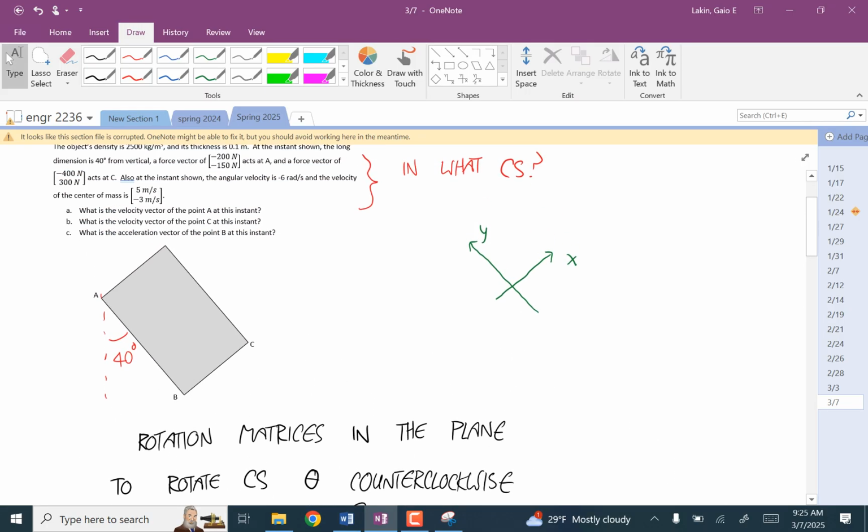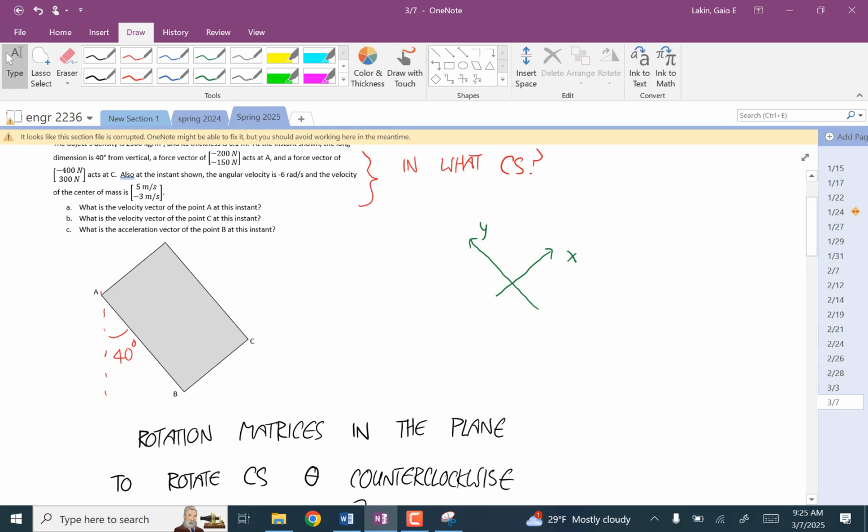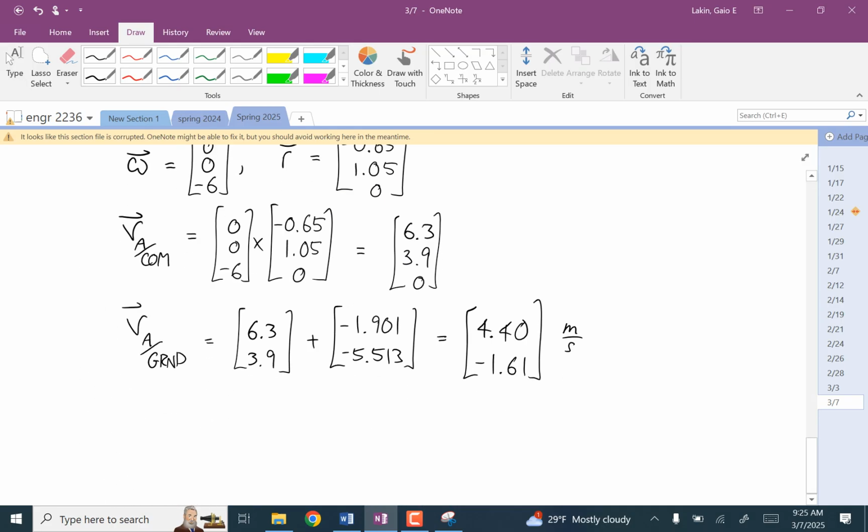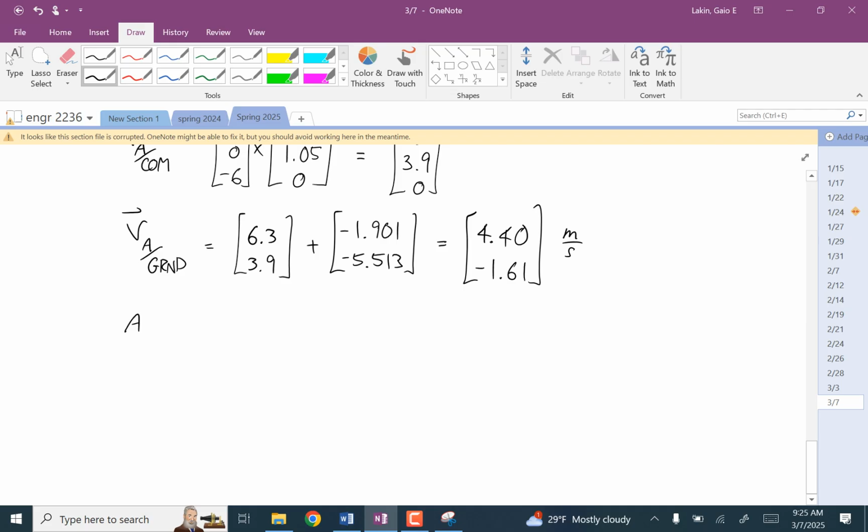So what's the acceleration of the point B at this instant? In order to do this, we're going to need to do the kinetics to calculate the acceleration of the center of mass and the angular acceleration.